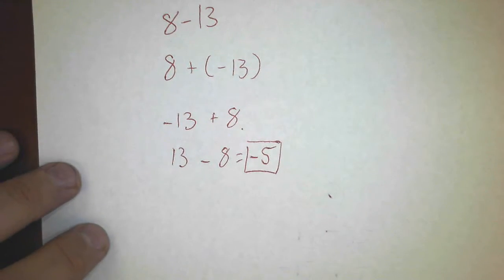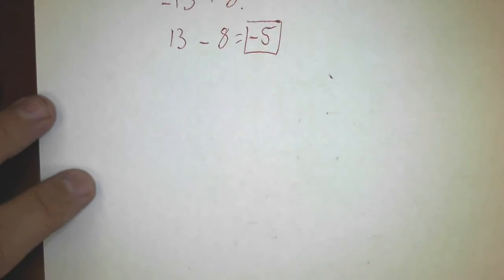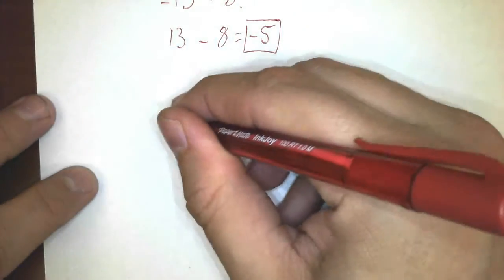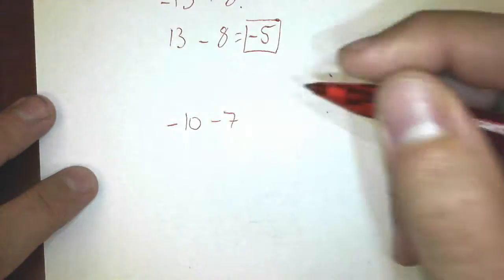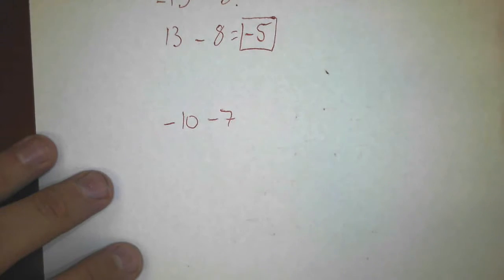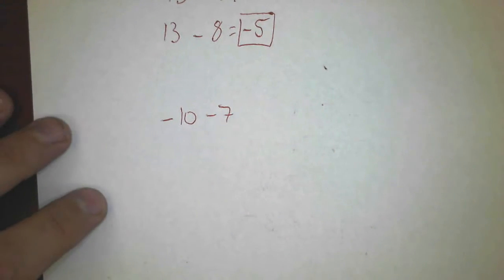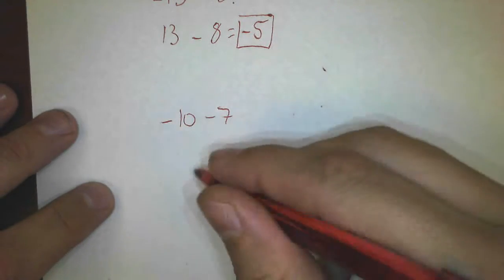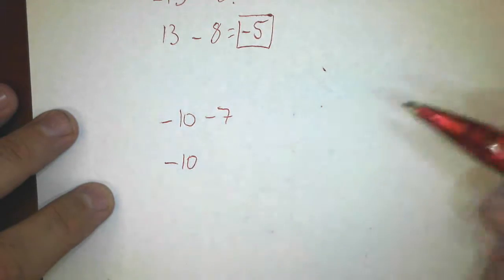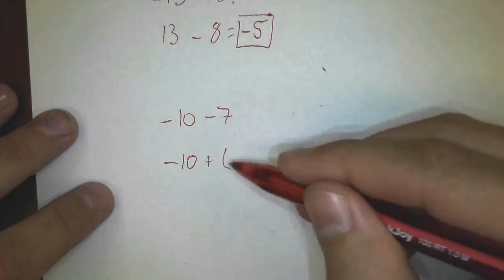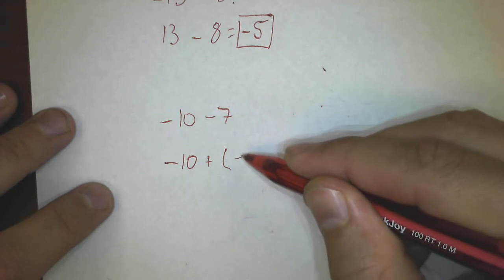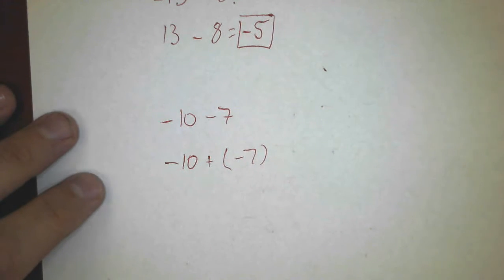Got a couple more examples. Next one, we have negative 10 minus 7. So again, we see subtraction, so I'm going to use my rule. We're going to keep the negative 10, change it to addition, and now we have a negative 7 instead of a positive.